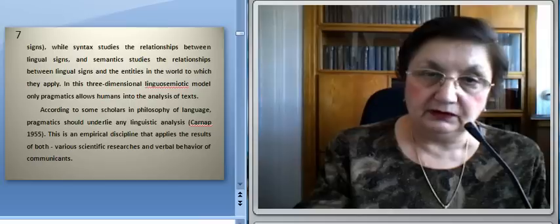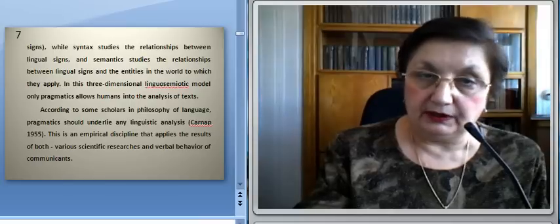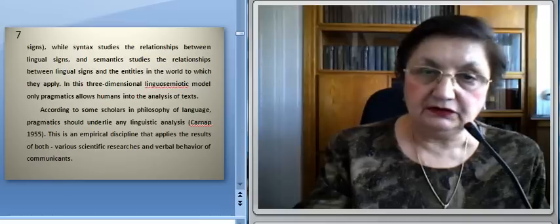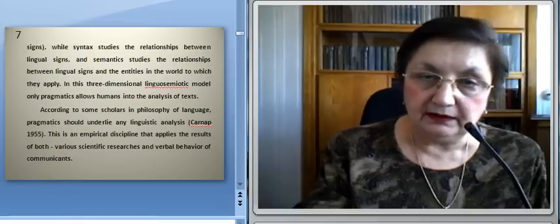In this three-dimensional linguosemiotic model, only pragmatics allows humans into the analysis of text.